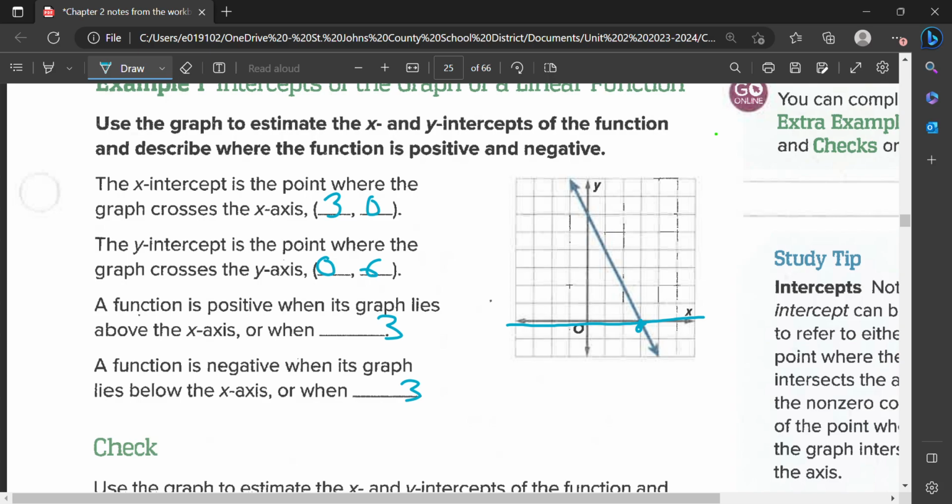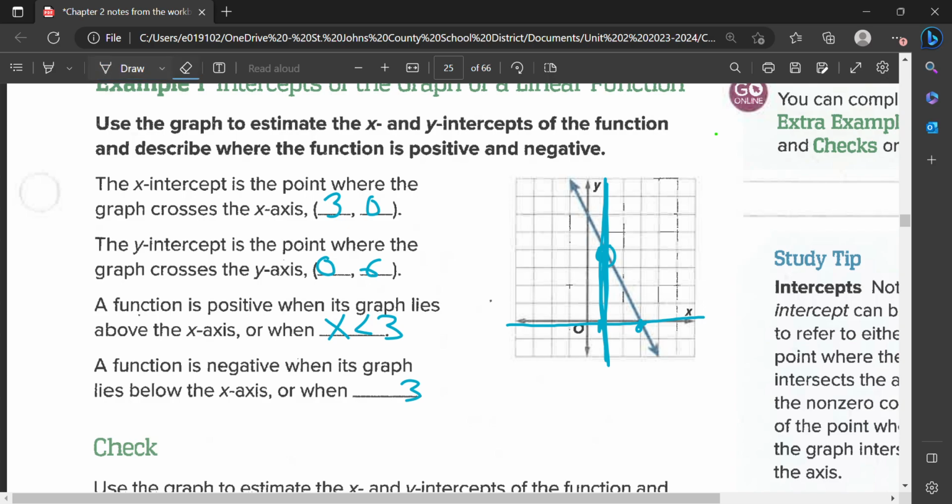Now, when is it going to be above that line? Well, anytime x is smaller than 3. So the way you can do this is pick a number, any number other than 3. In this case, let's try 1. So on this x value of 1, we are above the line. And 1 is less than 3.